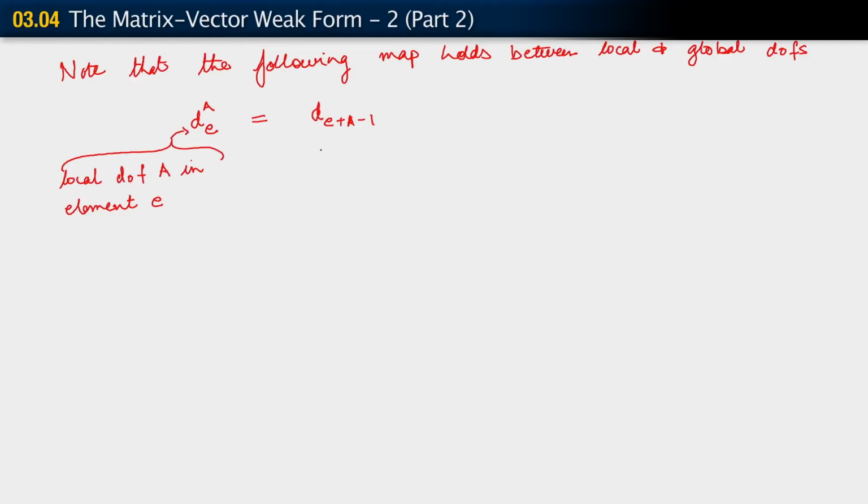On the right hand side, I have global degree of freedom number E plus A minus 1. Okay, let's check that it works. It's always a useful thing to do, right? So let's just check right here.